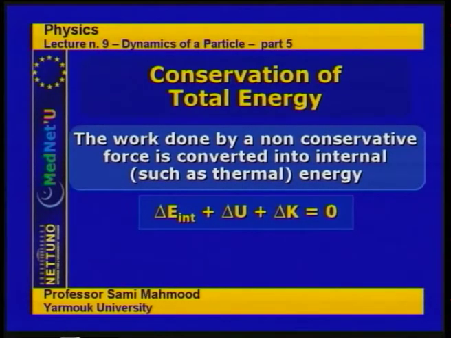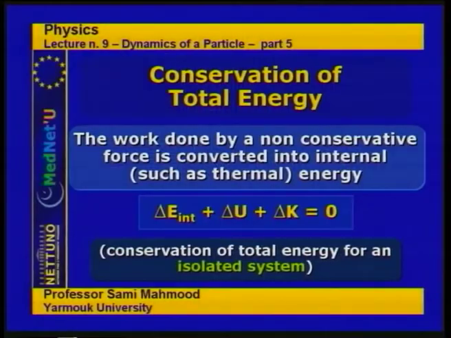Which means that if the mechanical energy of the system is reduced, the internal energy of the system is increased by adding heat to it, and vice versa. And this is the principle of the conservation of total energy, both mechanical and otherwise.